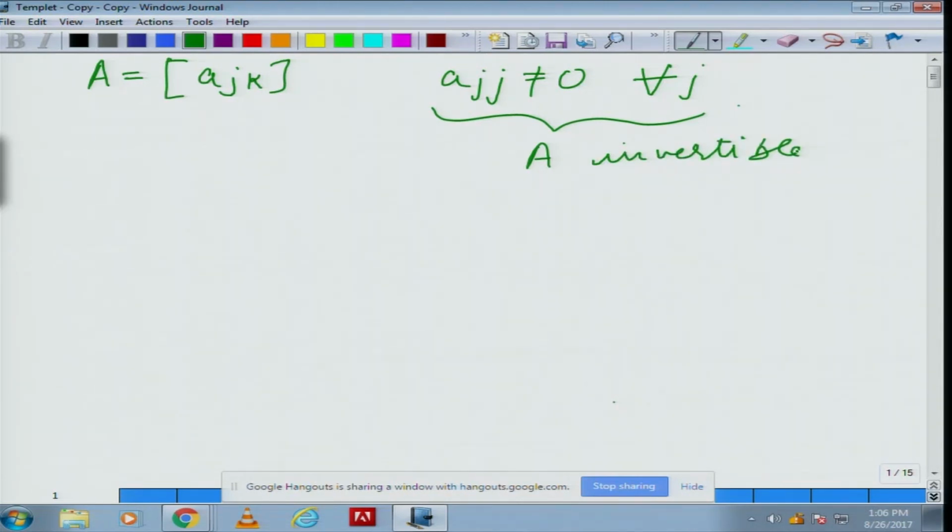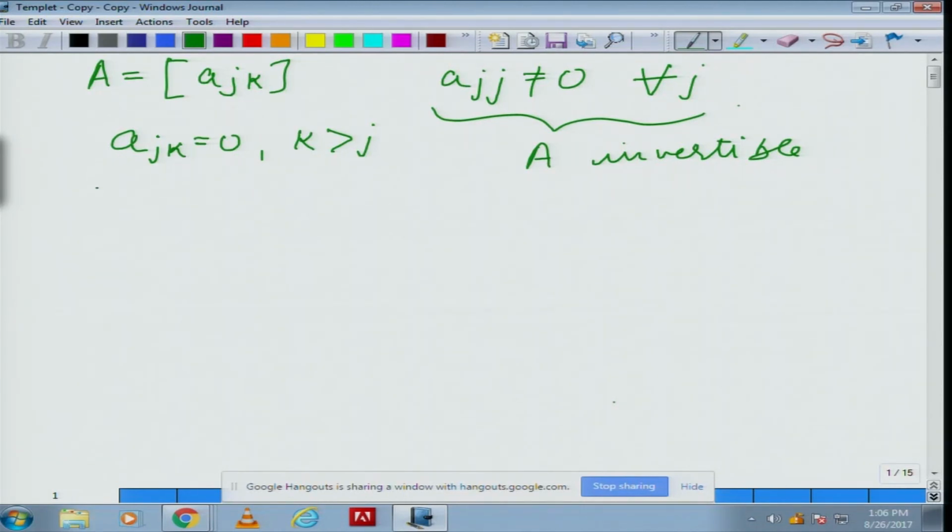Secondly, since A is lower triangular, we'll have AJK will be equal to 0 for K greater than J. So we have a lower triangular matrix A.